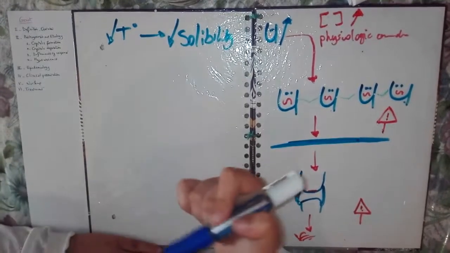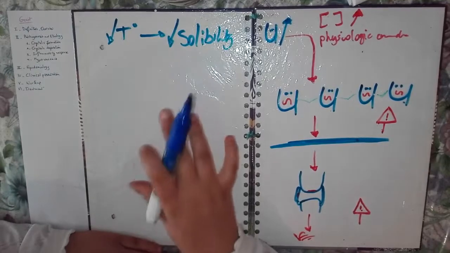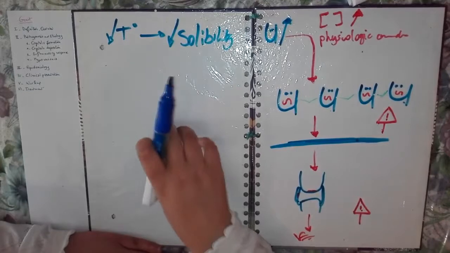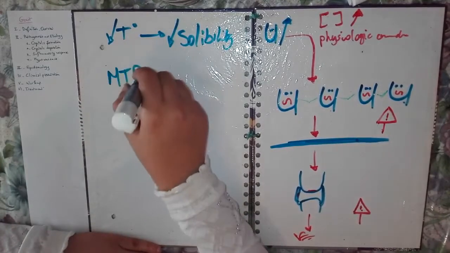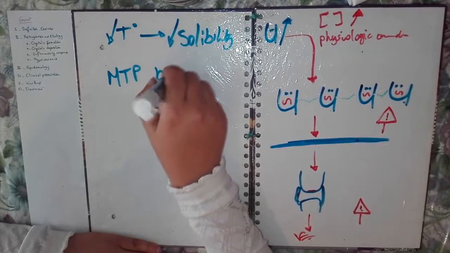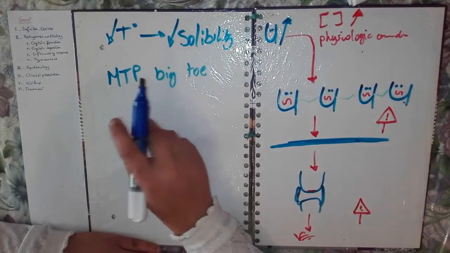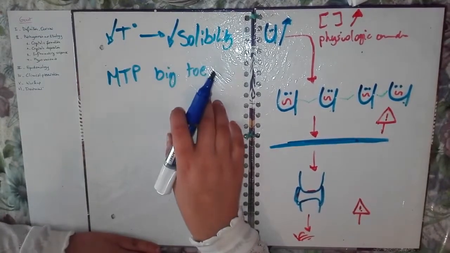Now, the most frequent localization of gouty arthritis, of gouty flares, is the MTP joint of the big toe, the metatarsophalangeal joint of the big toe.